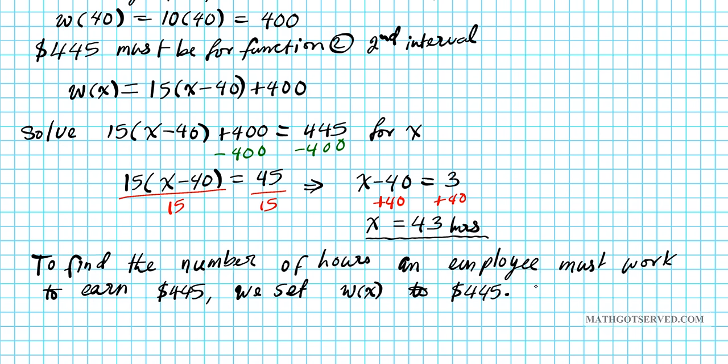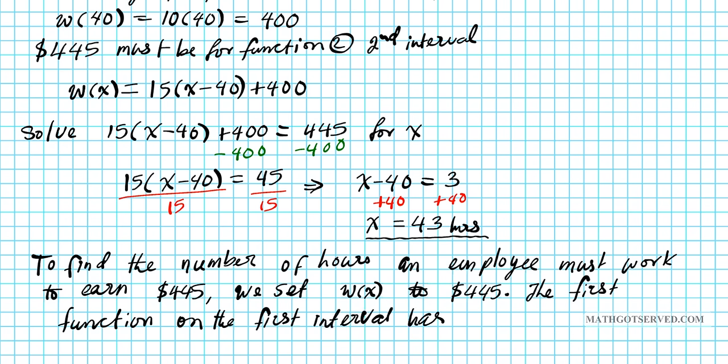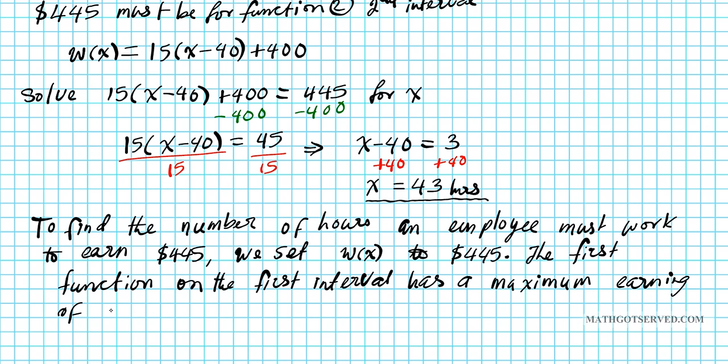Okay? The first function on the first interval has a maximum earning. What is the maximum earning for the first interval? We already calculated it. It was 400. It has a maximum earning of 400, which is too small.